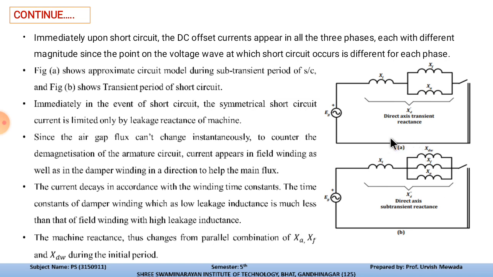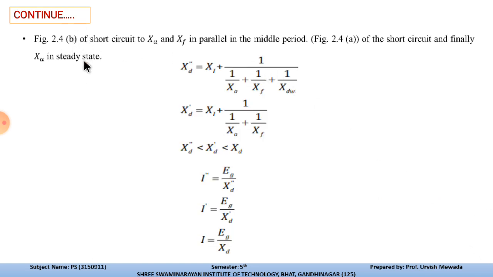So the machine reactance thus changes from the parallel combination of XA, XF, and XDW during the initial period, and that will limit the initial short circuit current of the synchronous machine. Whenever the short circuit occurs, at that time all three reactances come into the picture, and that will limit the initial starting current until the steady state limit is reached. Now from figure 2.4b, let us solve for the total reactance of the circuit.